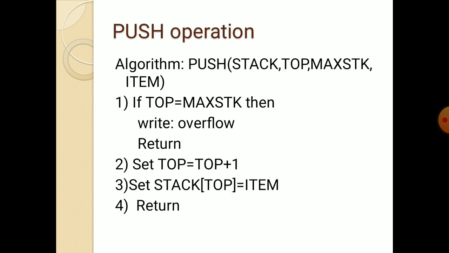Here we can see an algorithm of the push operation. Algorithm push of stack, top, max stk, item. In the first step, if top equal to max stk, we are checking whether top is equal to max stk, that is, the upper bound.